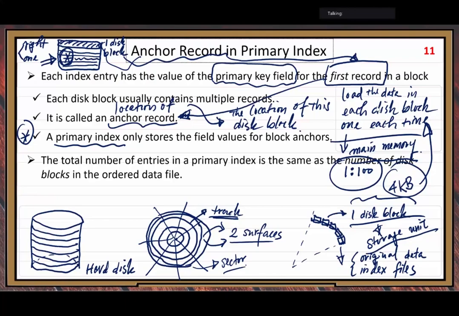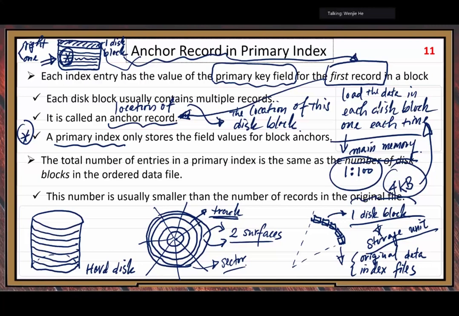So this number is usually smaller than the number of records in the original file. Yes, much smaller. So how much smaller?